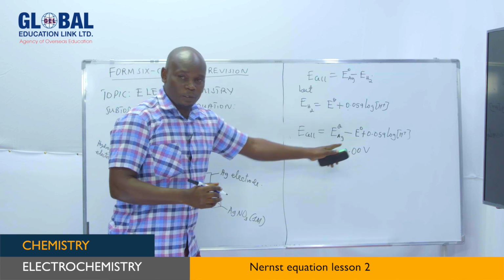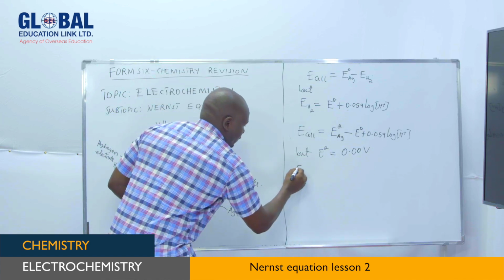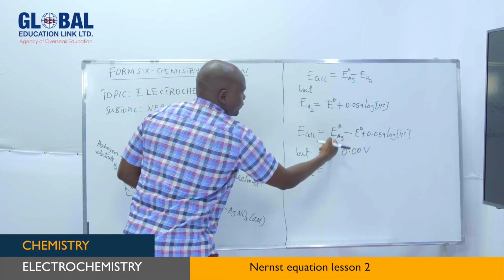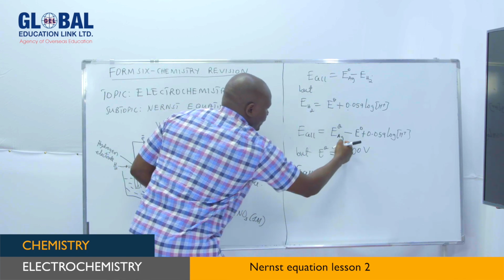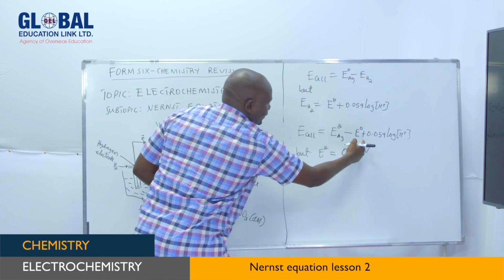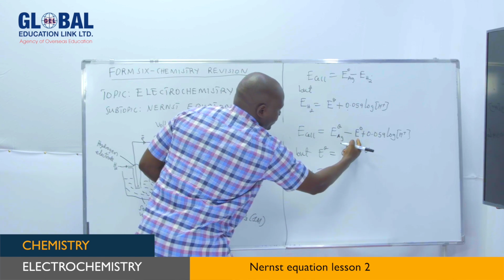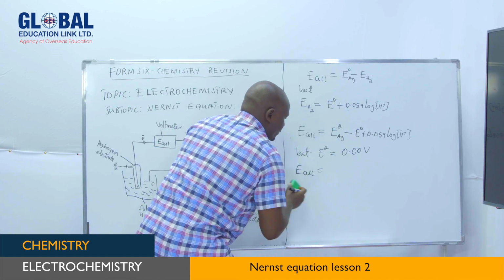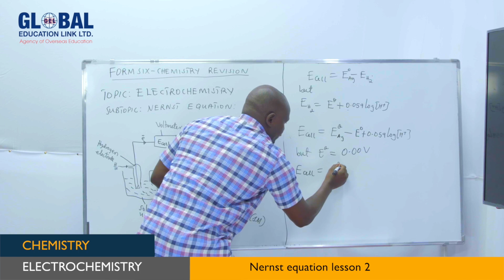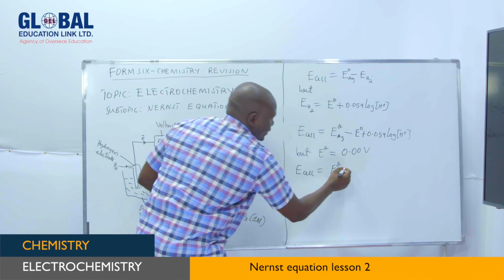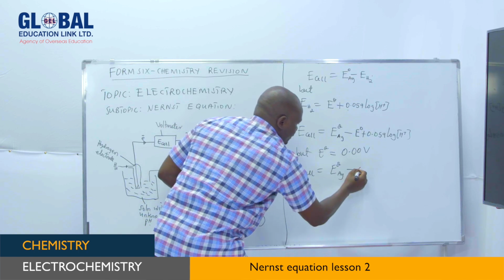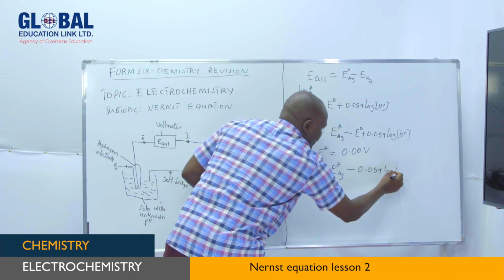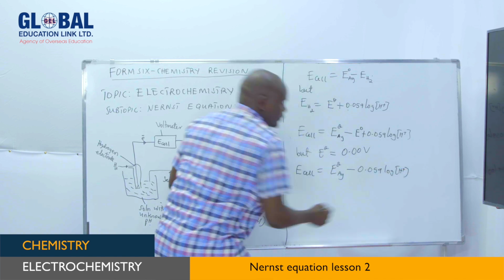So our equation for E of a cell, if we substitute 0 there, will be 0 minus that one. So it will be the standard electrode potential of silver minus 0.059 log of concentration of hydrogen ions.